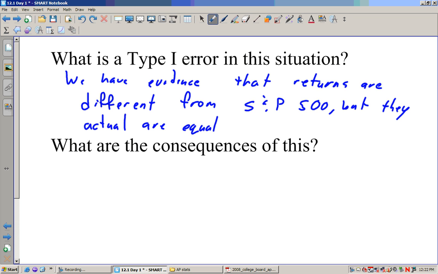Now, what are the consequences of this? Since this guy got less returns than the average, he would find another investor, but his investor was actually doing fine.